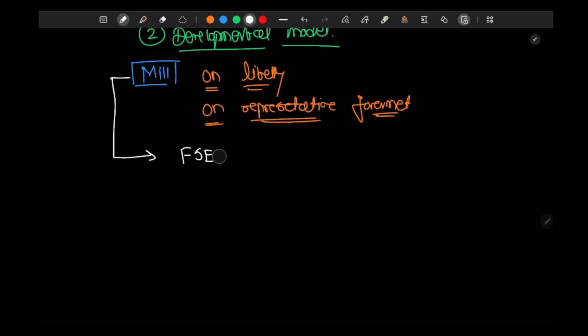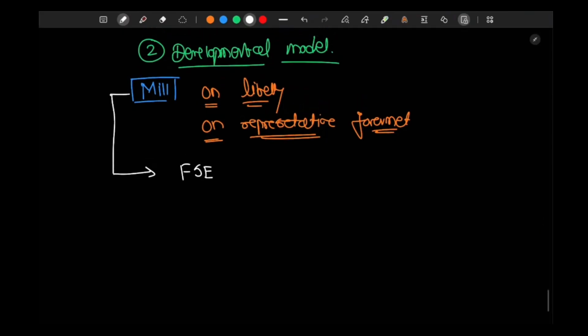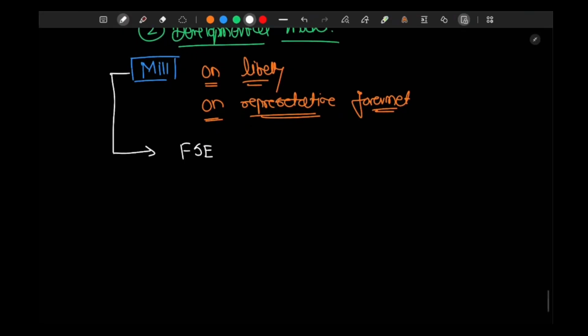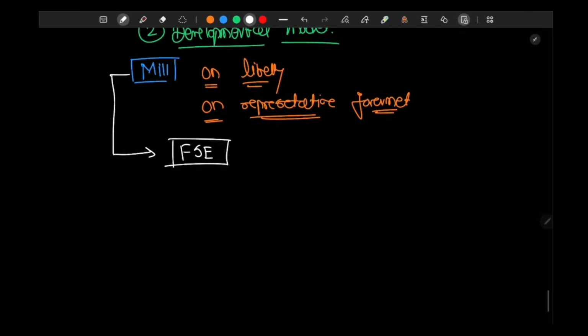Even the mad should be allowed to speak, according to Mill. So in the developmental model, people like Mill value democracy because it protects freedom of speech and expression.